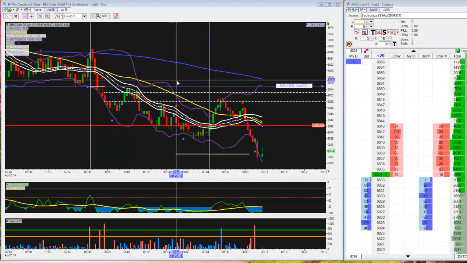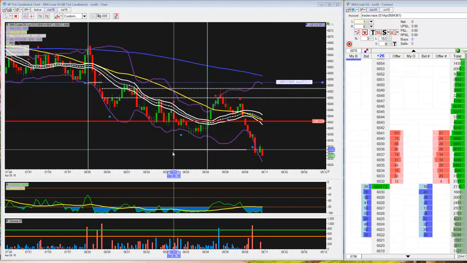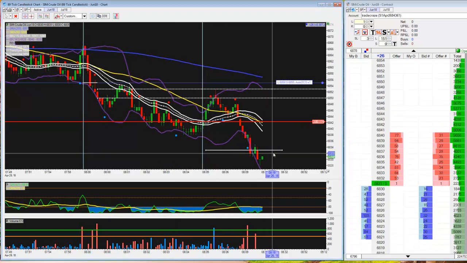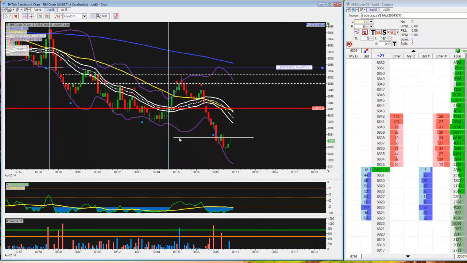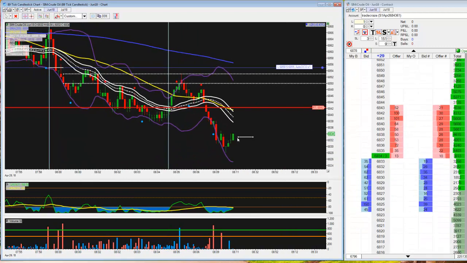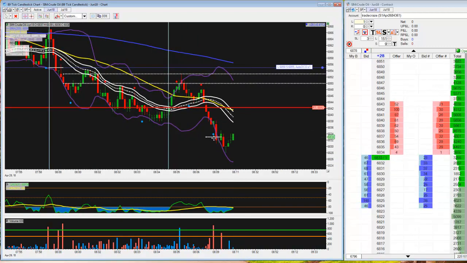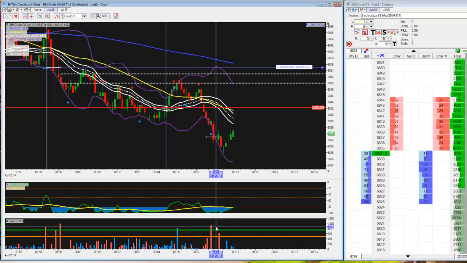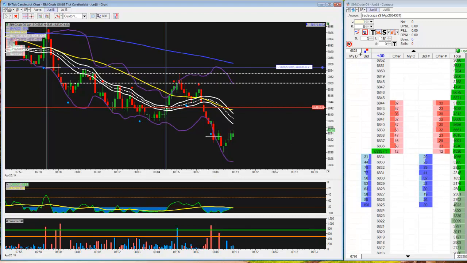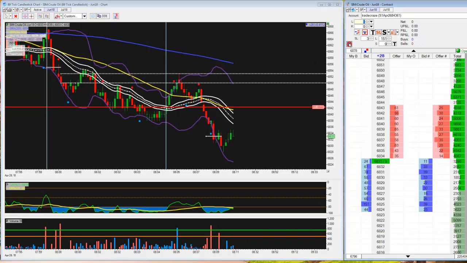Alright, so it physically went down 1p so far. Want to remove my long signal.